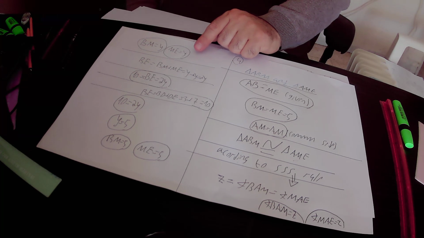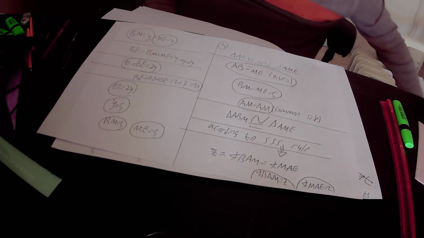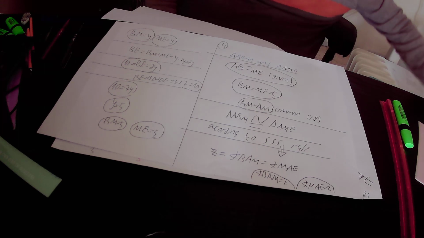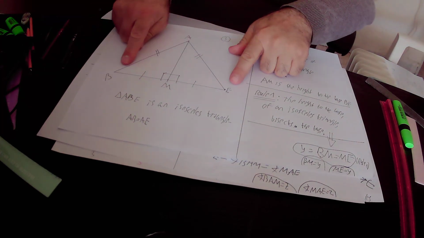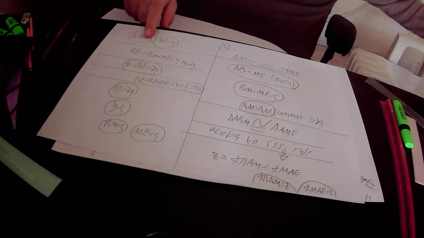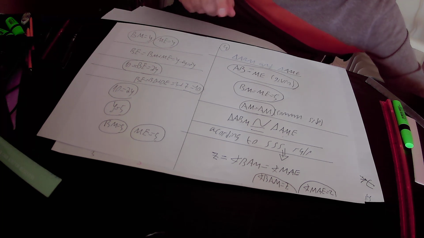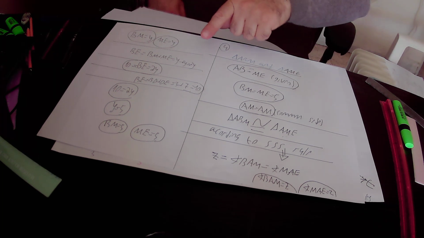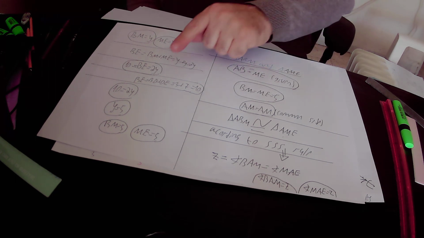And what is the value of BE? You can see it easily from the drawing that BE equals BM plus ME from one side. But BM equals Y and ME is also equal to Y. So in conclusion, BE equals Y plus Y, that is 2Y.